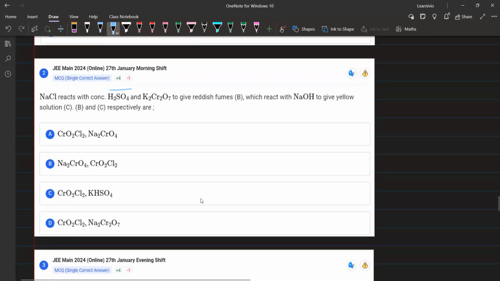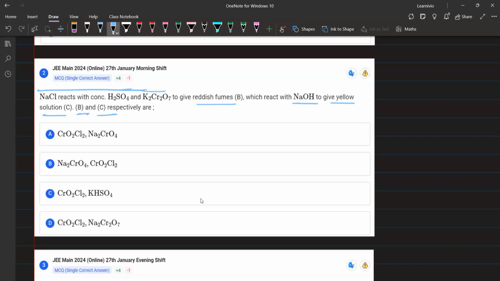NaCl reacts with H2SO4 and K2Cr2O7 to give the reddish fumes B, which reacts with NaOH to give yellow solution C. B and C are respectively. Look here, this question should be from here.